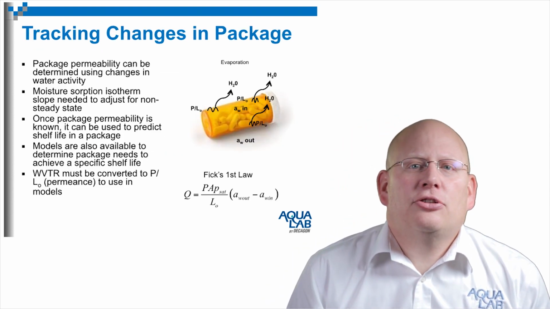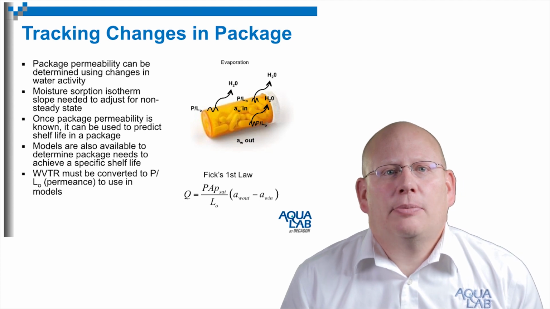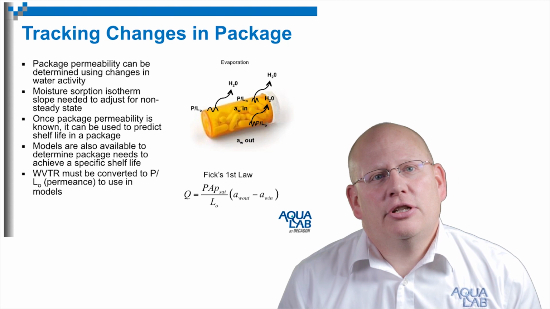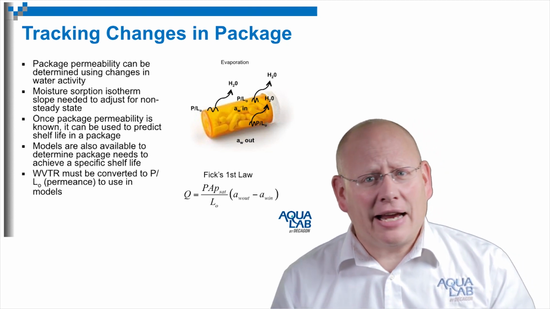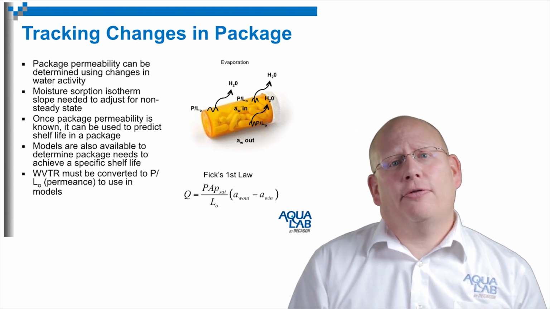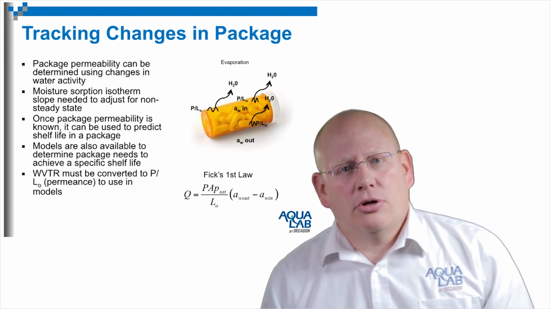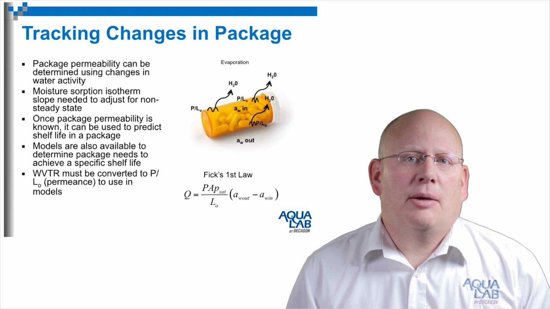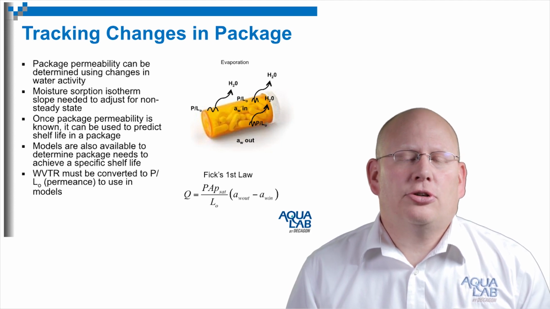So how do you actually track these changes that might occur in packaging? You do that, of course, through package permeability. You can determine what the package permeability is. It's typically reported for different products, determined using ASTM standards that provide what's called a water vapor transmission rate.